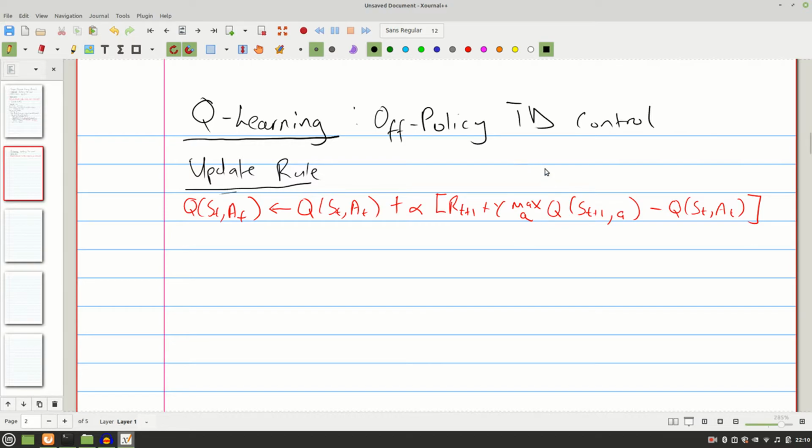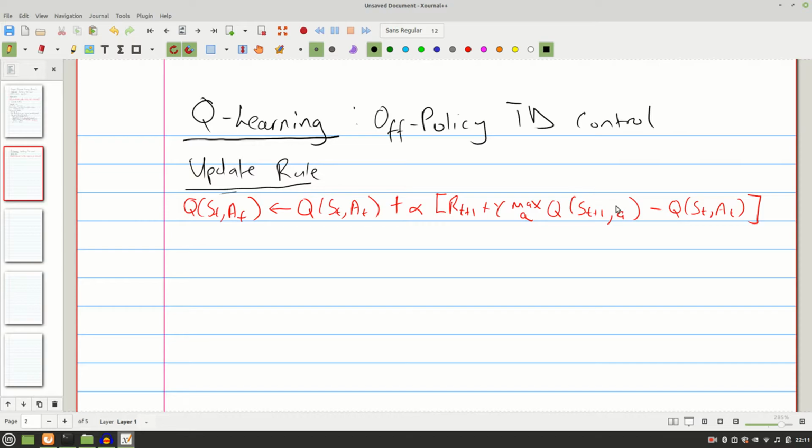We're no longer following the behavior policy we use to generate data when updating our Q values. They're different because the target now takes a maximum over all actions. So already you can see why this is an off-policy algorithm.